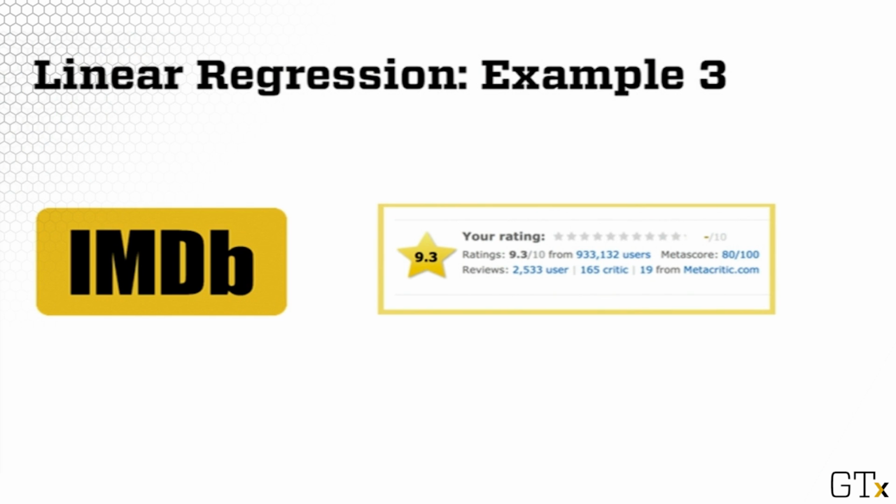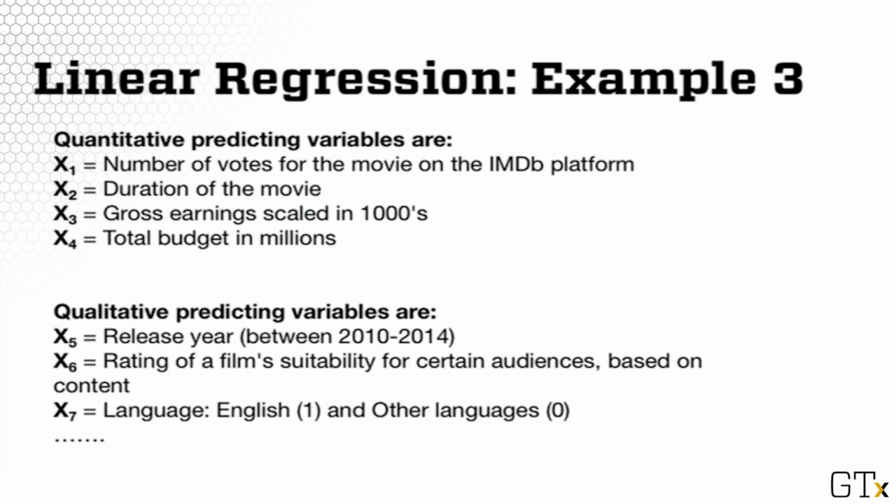In the third example, we're interested in differentiating between qualitative and quantitative variables that impact movie rating. We have 4 quantitative predicting variables: number of votes, duration of the movie, total budget in millions, and several qualitative predicting variables.